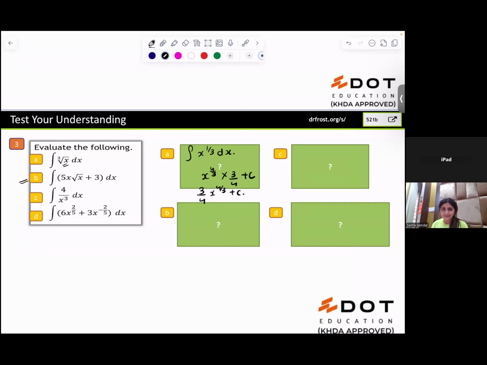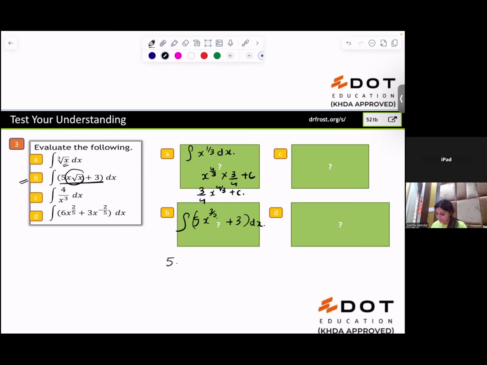Let's do the next one. We know that x root x is what? First thing to check is always if my equation is in the index form. So it's 5, x into x root x is x raised to 3 by 2. I've got this in the index form, plus 3. Now I'm going to integrate with respect to x. 5 is already there.